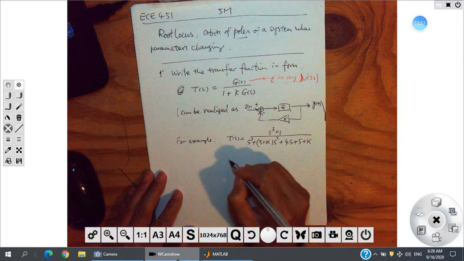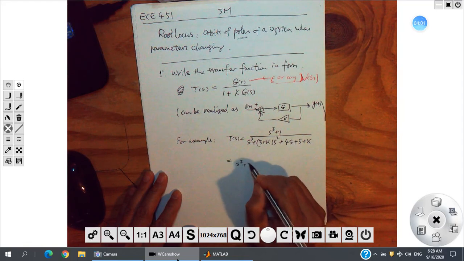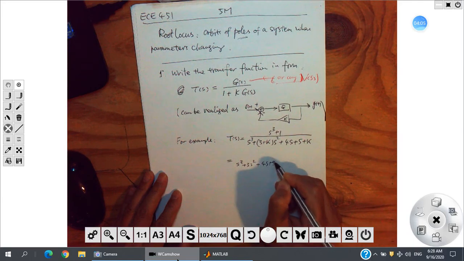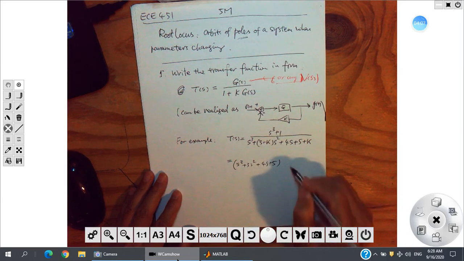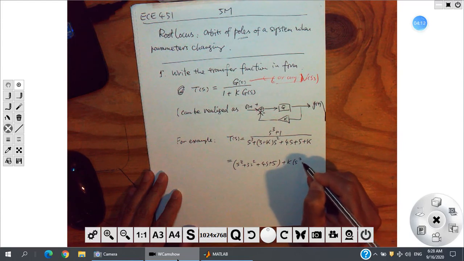Then we can rewrite the denominator as S cubed plus 3S squared plus 4S plus 5, all the terms without K, and K times S squared plus 1.